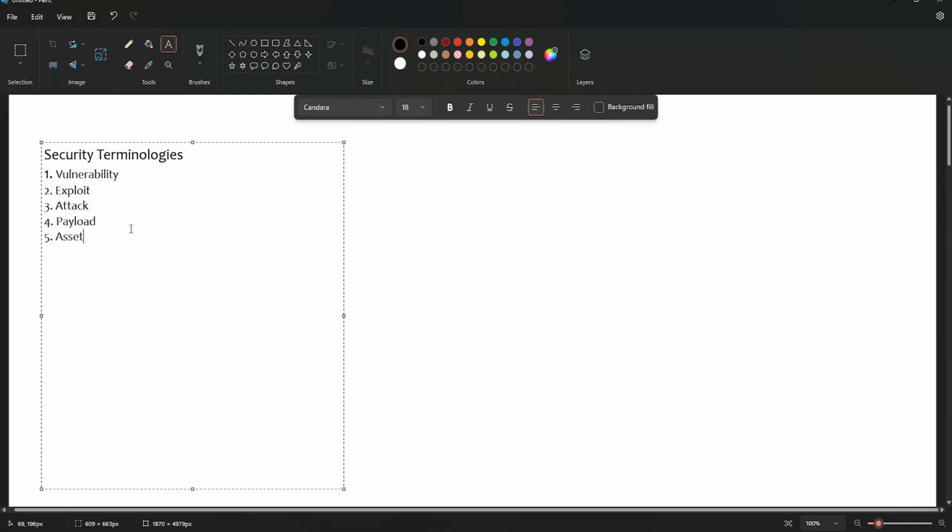Then next is asset. What do you mean by asset? Something of value to the organization. Anything which holds some value for you or the organization. Assets are of two types, tangible and intangible.